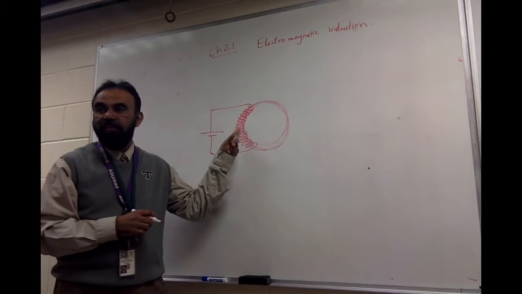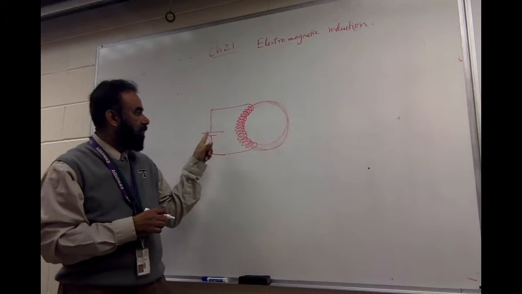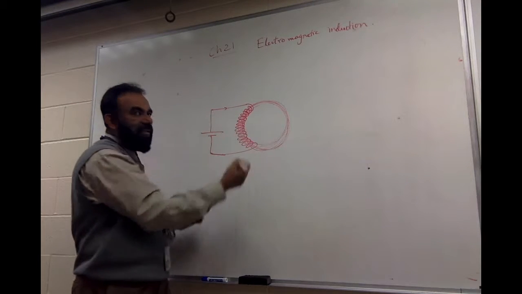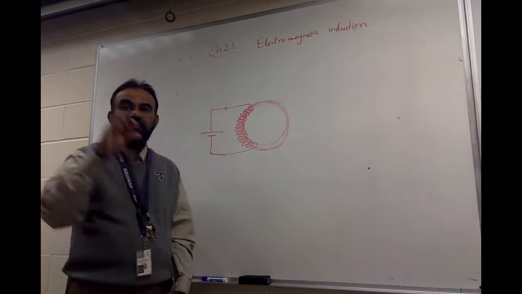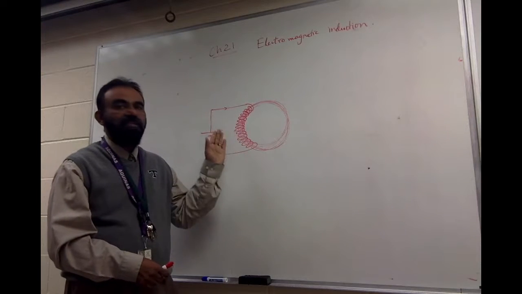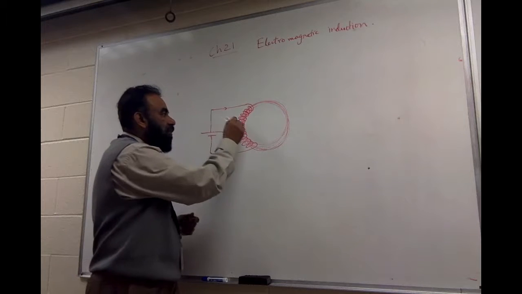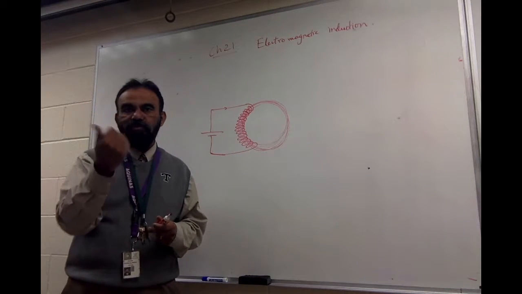So when he connected this to a battery, will this core get magnetized? Because when you pass a current like this, look, the current is flowing like this, and it is like a solenoid. And what is inside the solenoid is a ferrous material. So it is definitely going to produce a magnetic field. Which way? Of course, you have to use your grip rules.